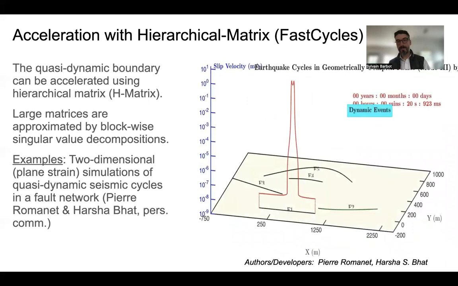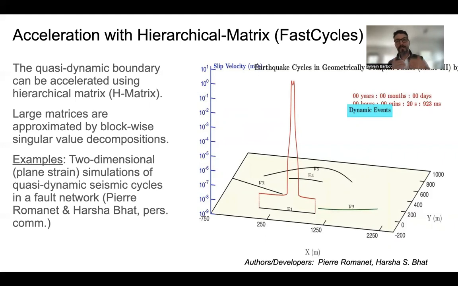So one way to accelerate the calculation is to use numerical tricks. One of them is using hierarchical matrices, the so-called H-matrix method. Since the boundary integral method involves a lot of matrix vector multiplications, we can accelerate such simple operations by conducting blockwise singular value decomposition of these matrices and neglecting the high order terms.